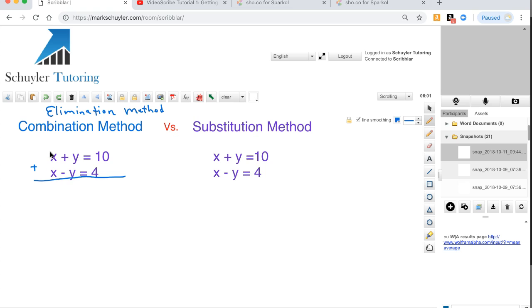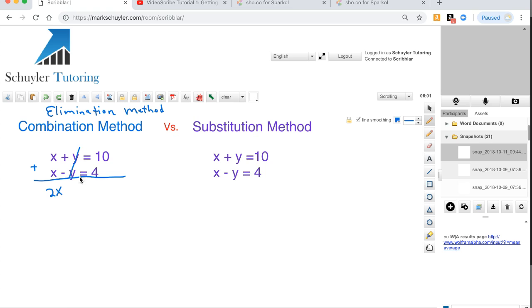And you're hoping that when you add these, one of the variables goes away. And so what do we get when we add x and x? We do get 2x. And the situation we were hoping for, the positive y and the negative y eliminate each other when we try to combine them through addition.